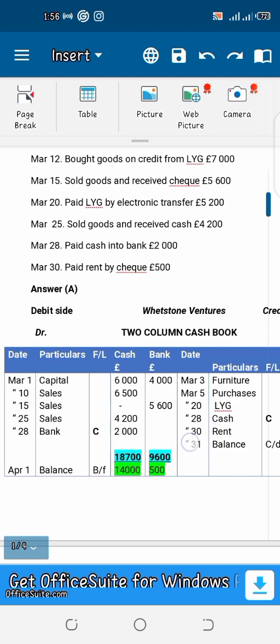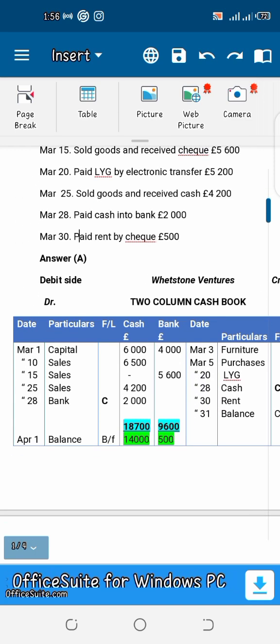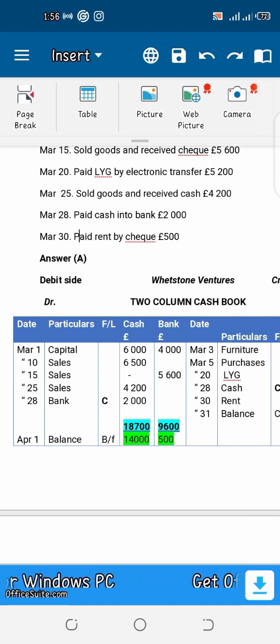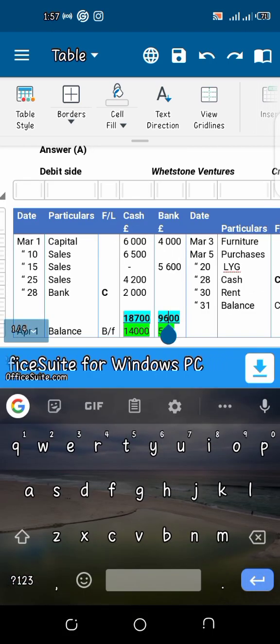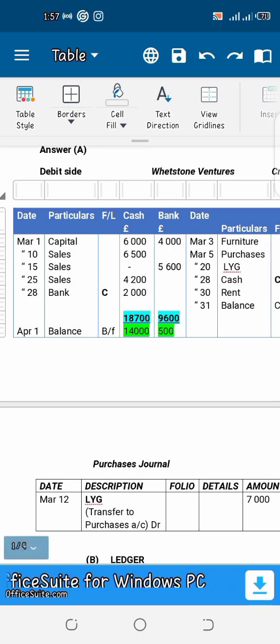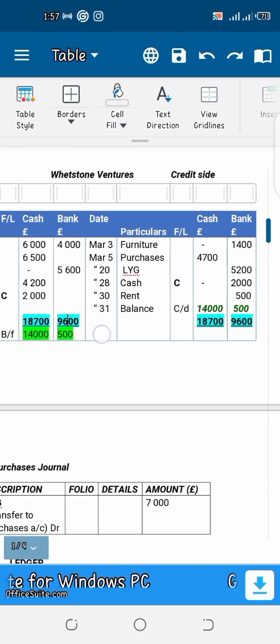At the debit side we have 6,000, 6,005, 4,200 and 2,000 in the cash column, which gives us a total of 18,700. Then in the bank column we have 4,000, we also have 5,600, which gives us a total of 9,600. Now let's check the credit side.